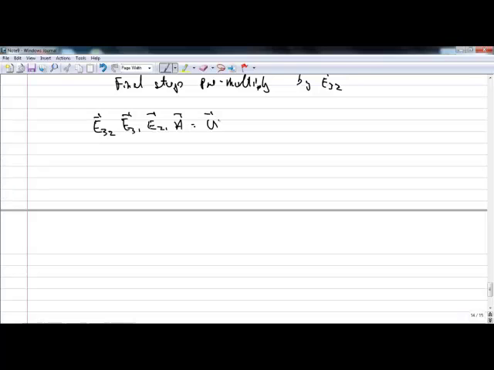Now the question is, how do we move all the E matrices to the right-hand side?